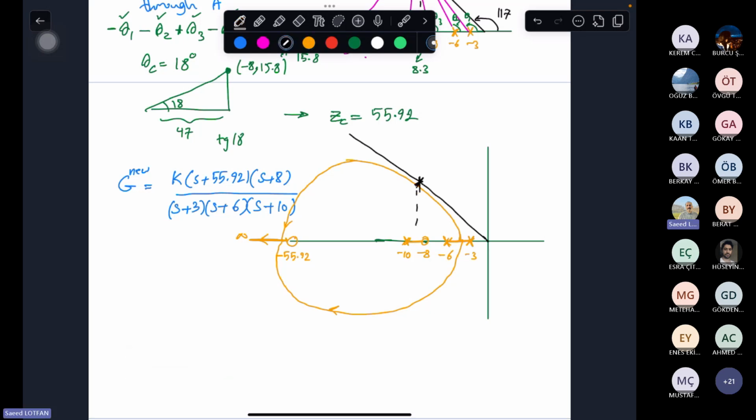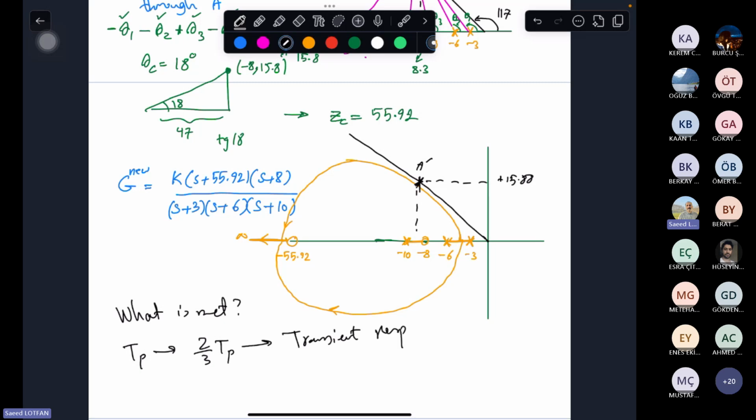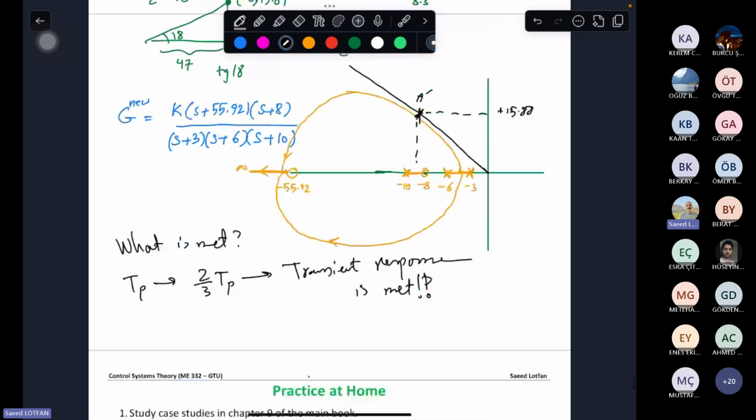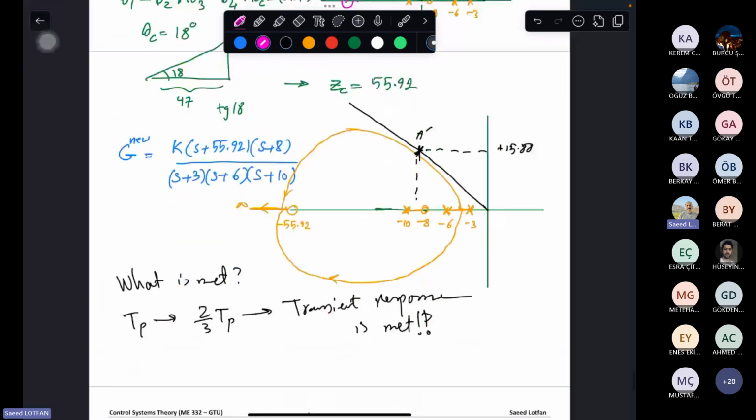Here we have the A prime point, which is plus 50.88. Now, what is met here? TP has become 2/3 of TP, which means that the transient response is met.